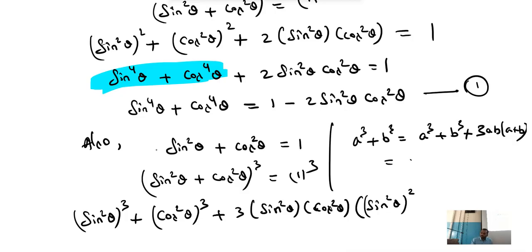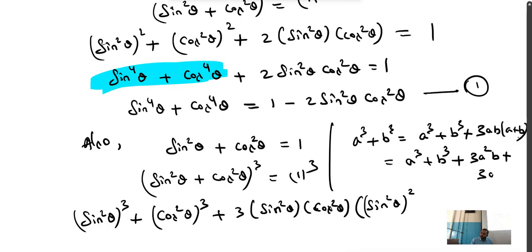Now we substitute like this: a cube plus b cube plus 3ab into a, which is 3a square b, plus 3ab into b, which is 3ab square. So a cube plus b cube plus 3a square b plus 3ab square.